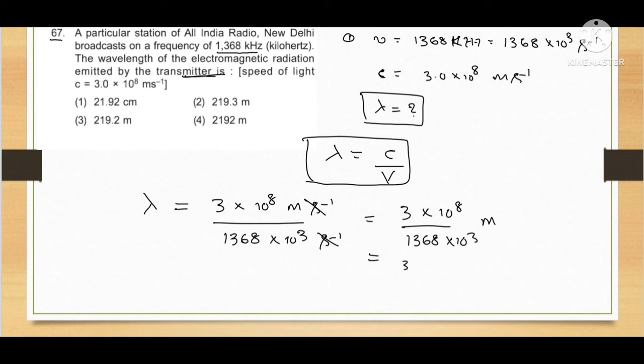Now let us simplify this one. 3 by 1368 into 10 power 8. Division 10 cube goes to the upside, it will have the minus sign, 10 power minus 3. It becomes 3 by 1368 into 10 power 5.